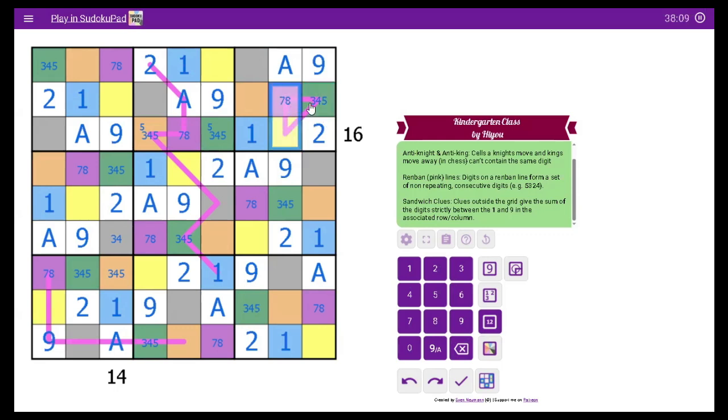Because remember, these 3 digits are consecutive. Since this is a 7 or an 8, you can't make this a 3. Because then you can't connect it. You need more digits on the line for them to all be consecutive. So this is not a 3.